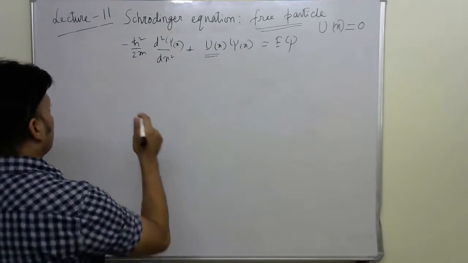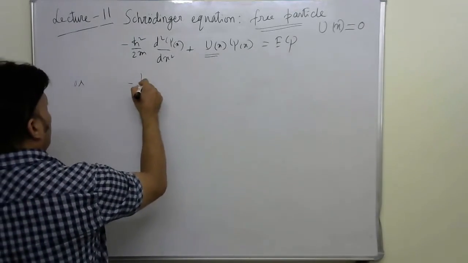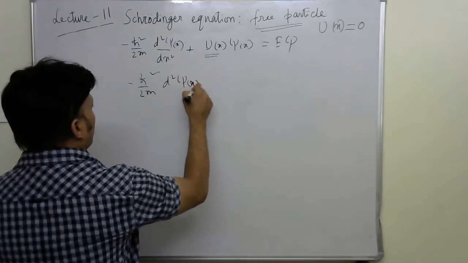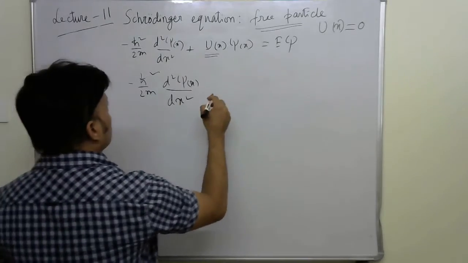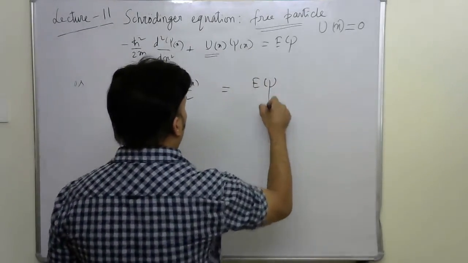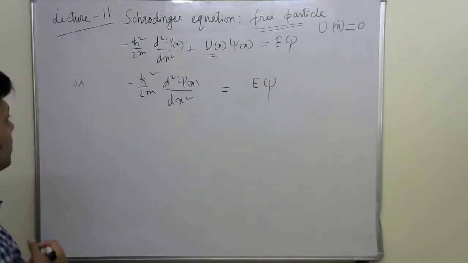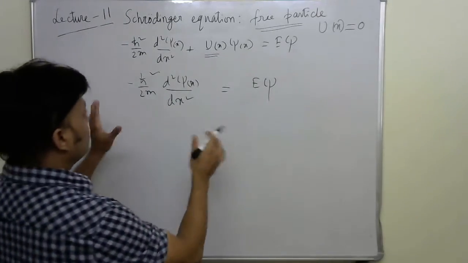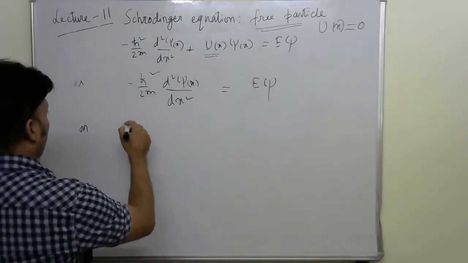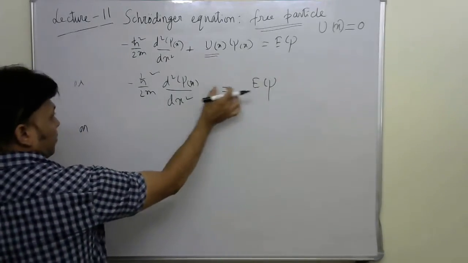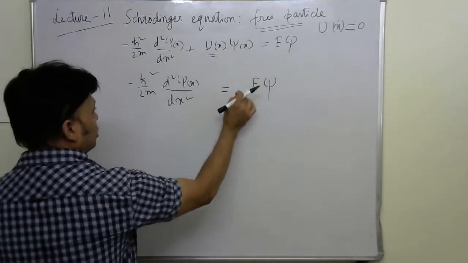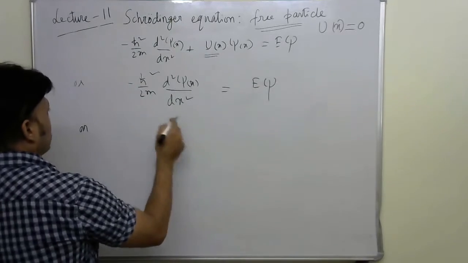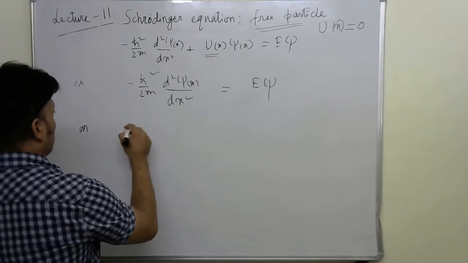So for a free particle we can rewrite this equation as minus h cross squared by 2m d2 psi(x)/dx2 is equal to E psi. Automatically the U(x) part becomes 0, or we can rearrange this by taking the term to one side, so that minus E psi is equal to 0, and then multiply by the positive sign and by 2m over h cross squared.